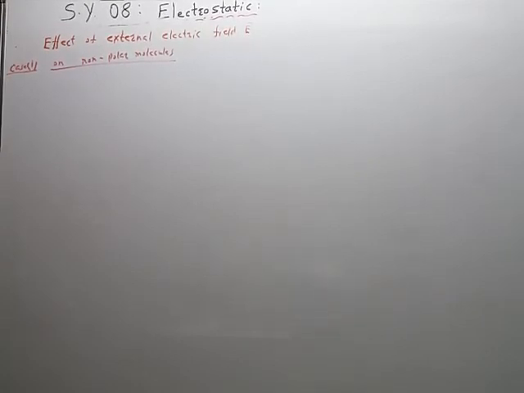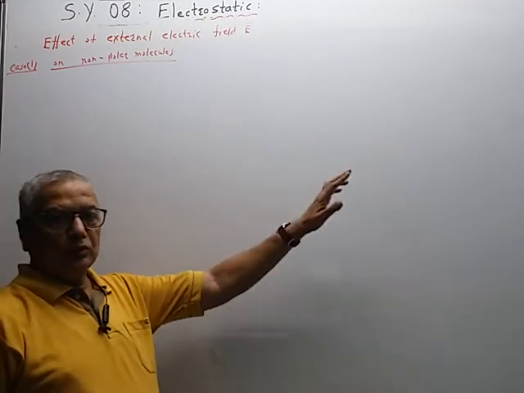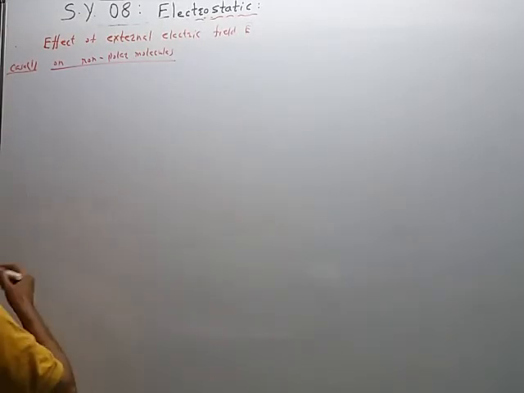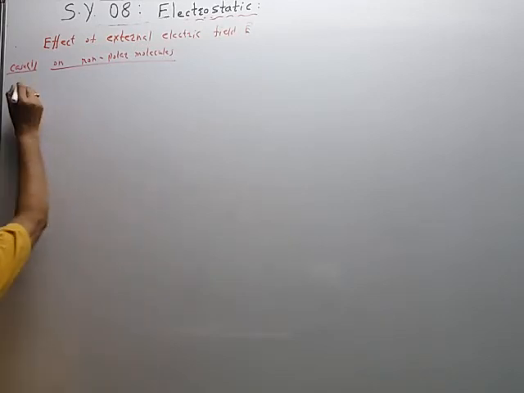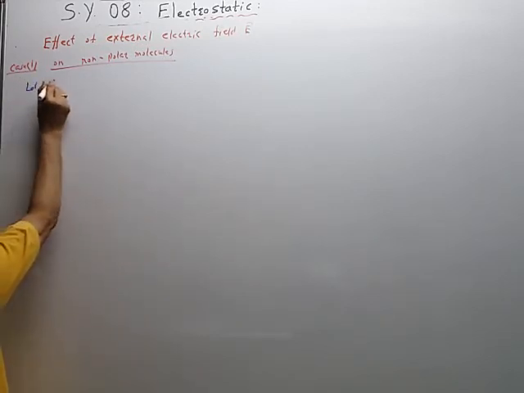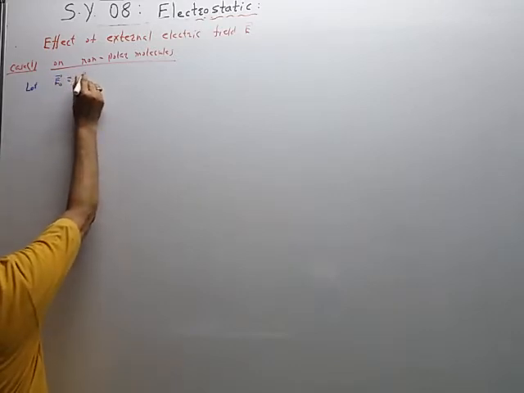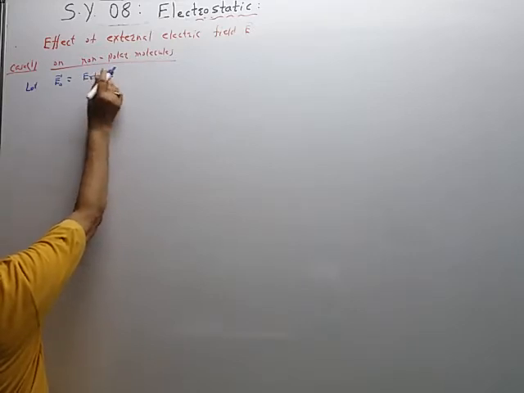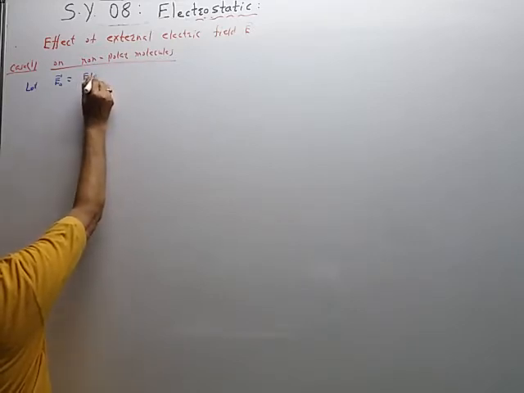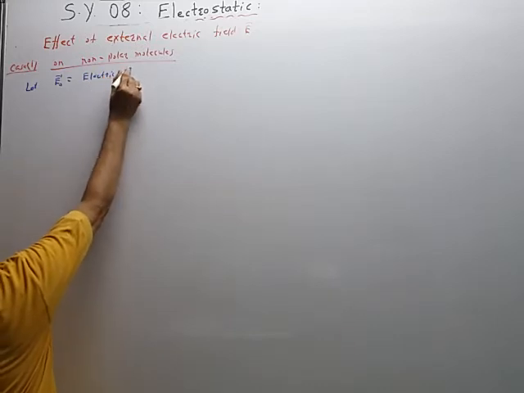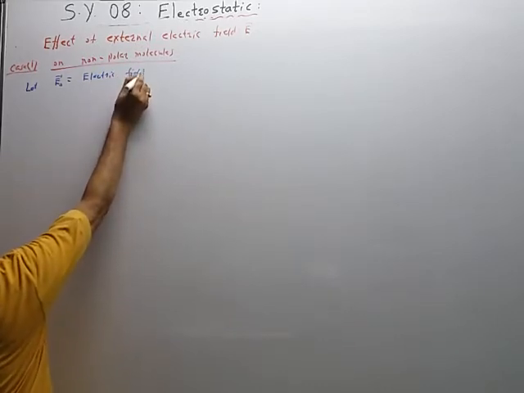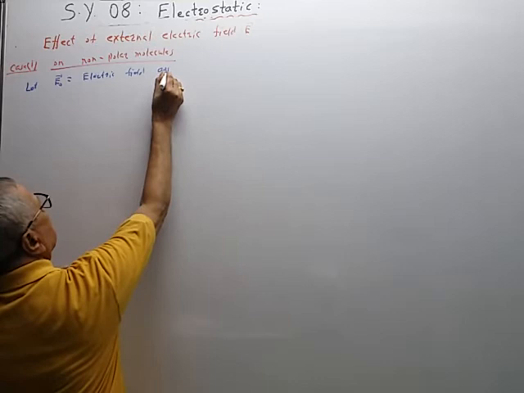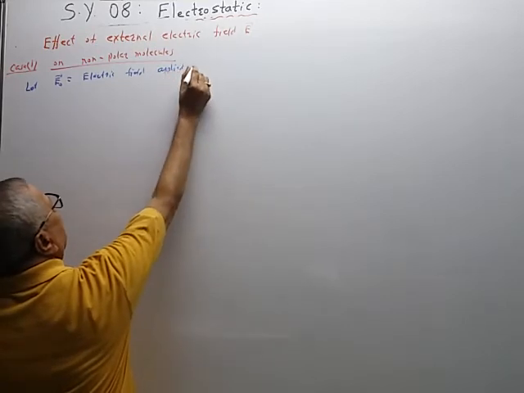So we have to consider the effect of external electric field on non-polar molecules and polar molecules. Molecules are dielectric like this. Let E0 be the electric field applied externally.